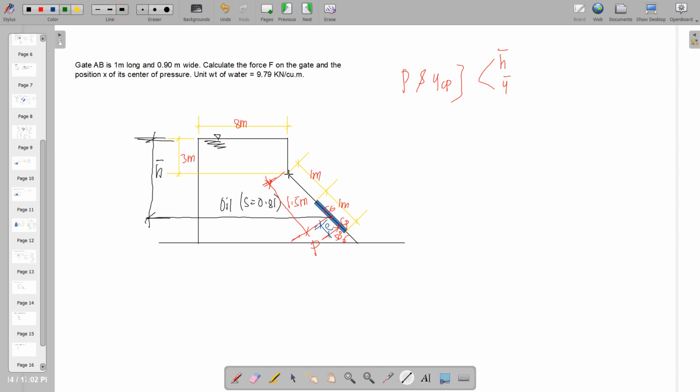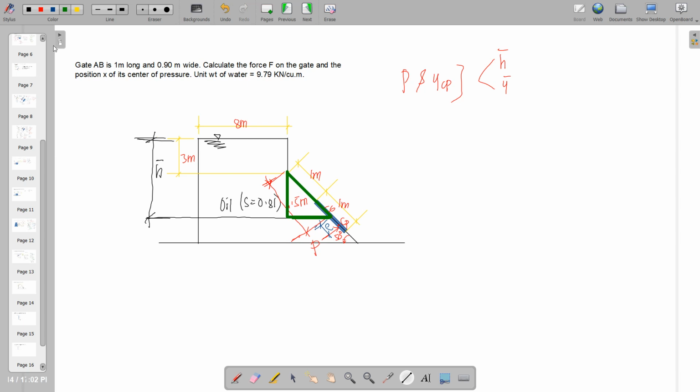Say this is 1.5. You can form a right triangle here, wherein 1.5 is actually the hypotenuse.